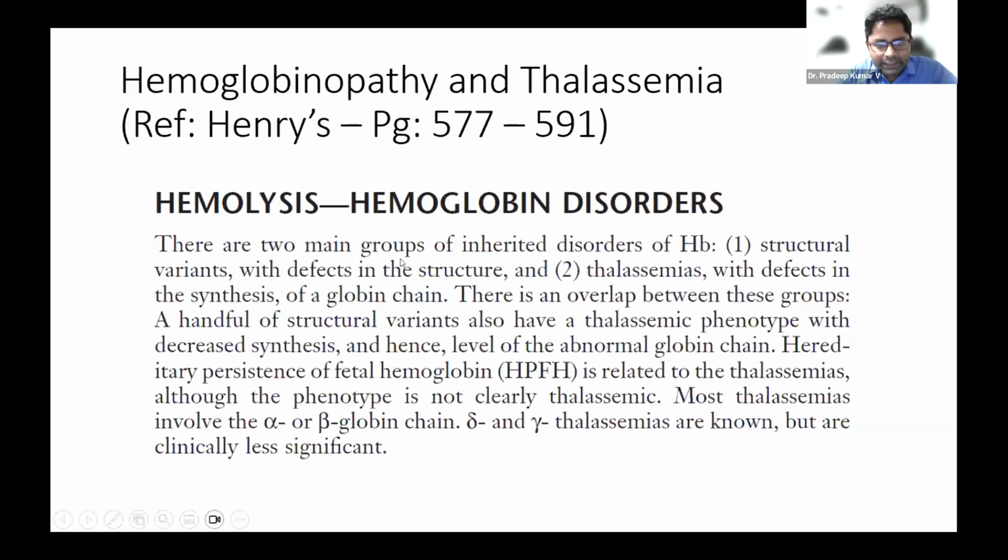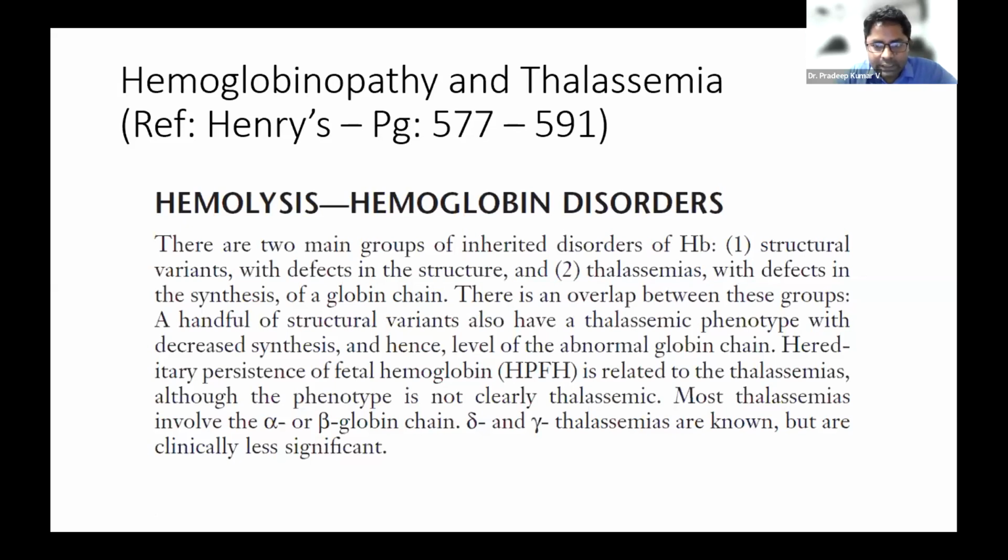Both are inherited disorders of hemoglobin. When there are structural variants with defects in the structure, those are called hemoglobinopathies, whereas thalassemias are about defects in the synthesis of a globin chain. But these can overlap.